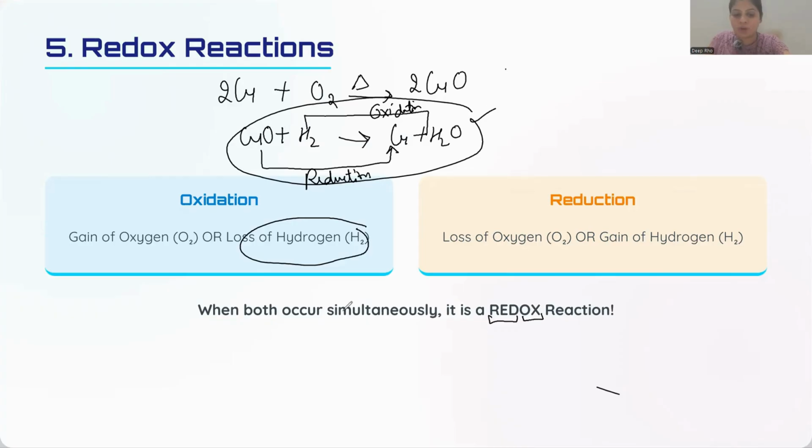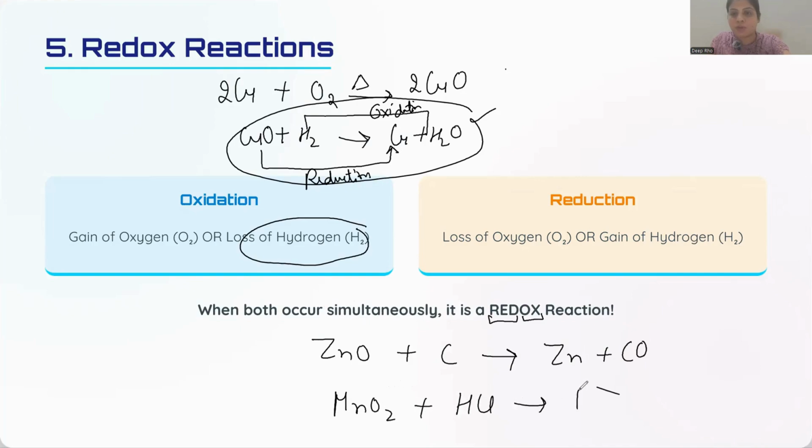Some other redox reactions: zinc oxide plus carbon gives you zinc plus carbon monoxide; MnO2 plus HCl gives you MnCl2 plus water plus Cl2.